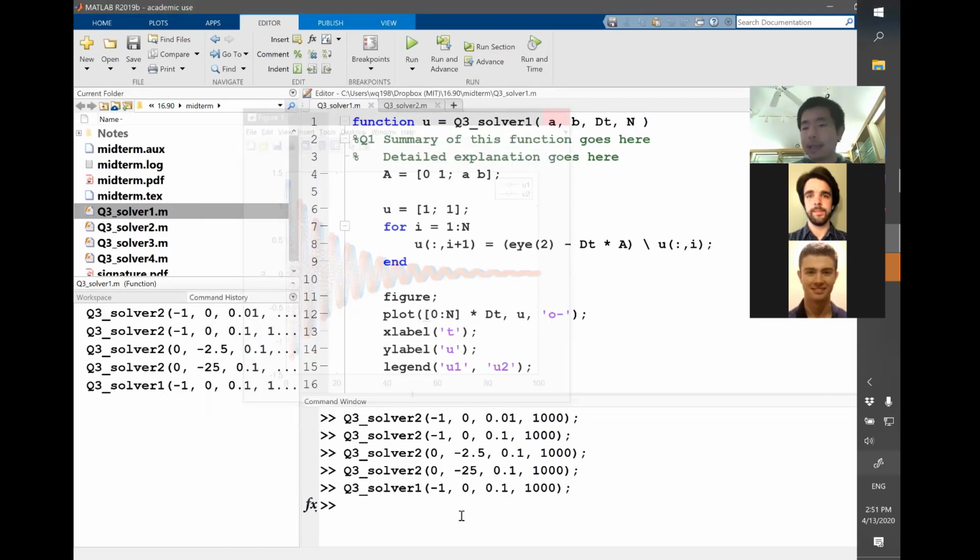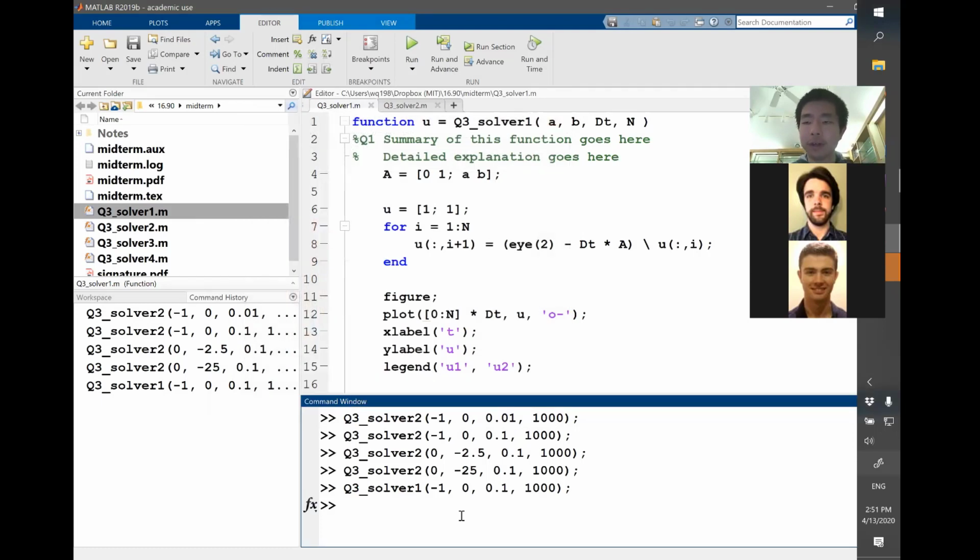Another thing is that we have analyzed that forward Euler is not for very stiff systems. If you choose, for example, a small a, like minus 1, and with a minus 25, you know it is not stable, so we have to do 0.01 for this to be stable.